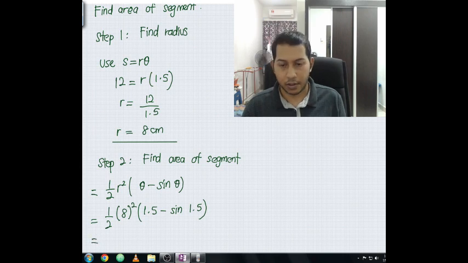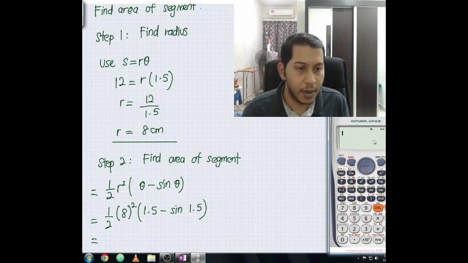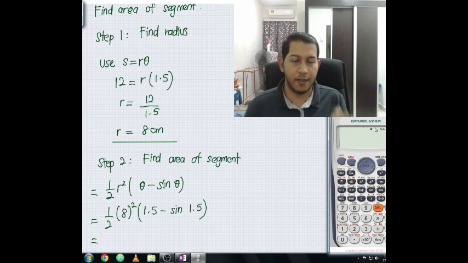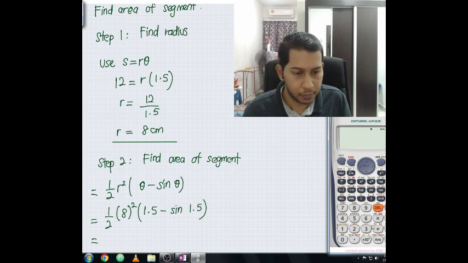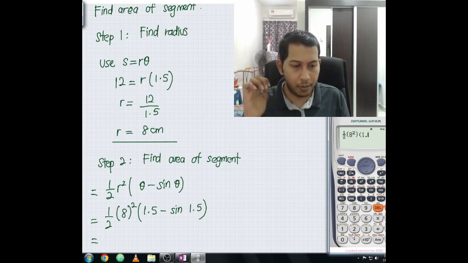You take out your calculator and perform the calculation, but before that check whether it's in the radian form or degree form. If it's the radian form, you proceed. 1 over 2, and then bracket times with 8 square, oops, and then you times with 1.5 minus sine 1.5.